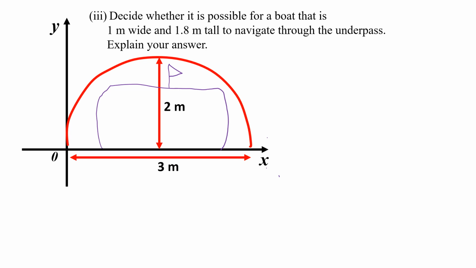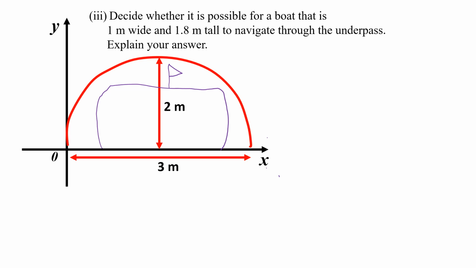Isn't this what we have found in part 2 already, 1 meter wide and 1.8 meters tall? In part 2, we were supposed to find the height of the arch when the width of the arch is 1 meter.